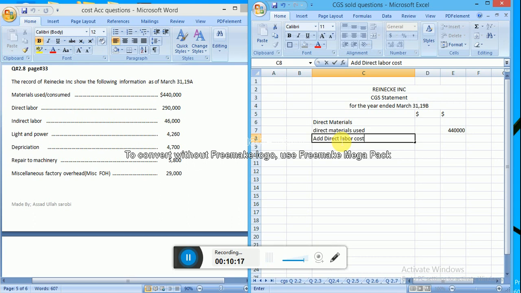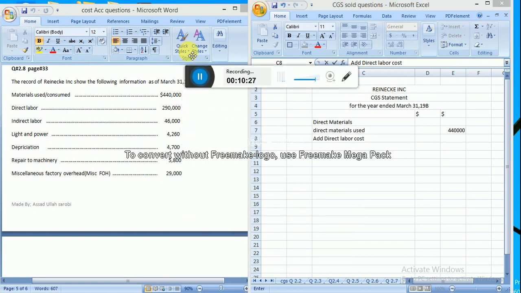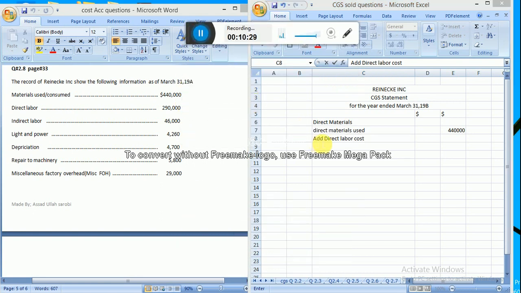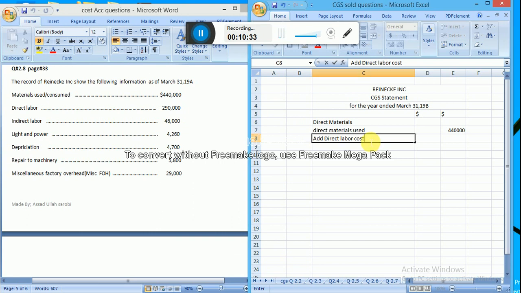$4,40,000. With direct material, we already know that these materials will be transferred to the plant and machinery. So automatically direct labor cost will also come in, which is sometimes also called direct wages cost.